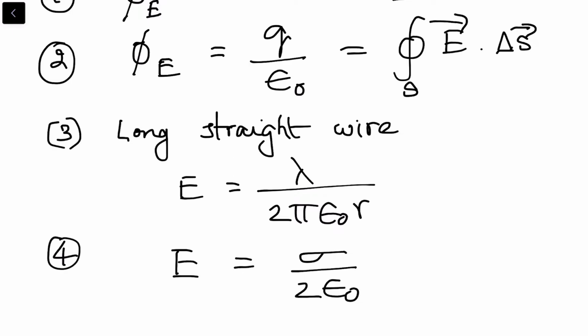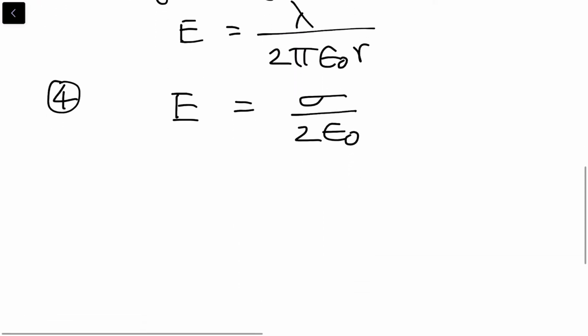I think these formulas are enough to solve most of the problems, and other formulas, if required, I will tell you when we are solving the problems. Presently this much is enough. And we have also derived the expression for the field of a spherical shell, inside and outside.